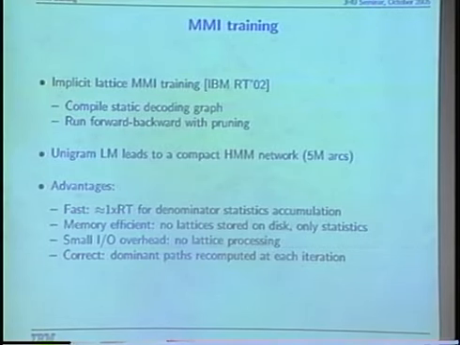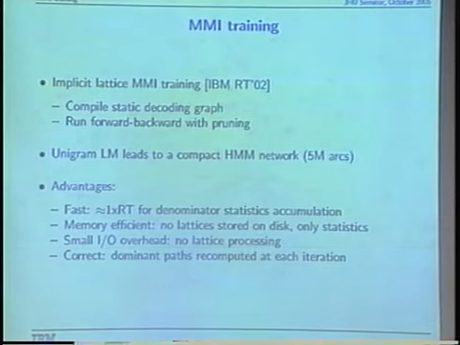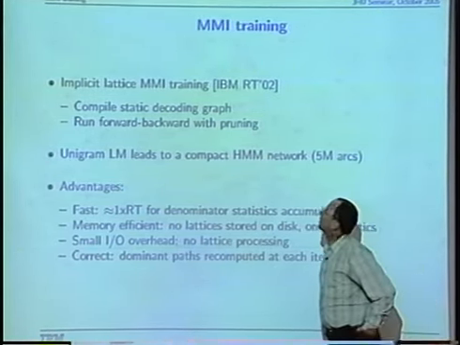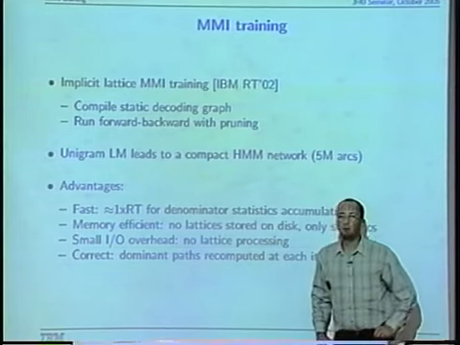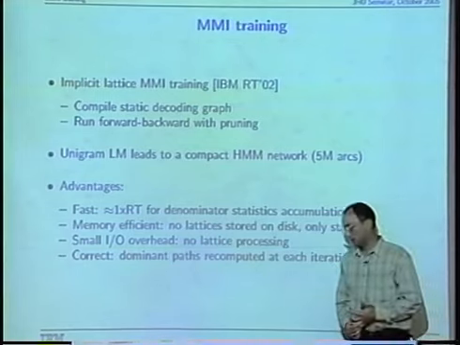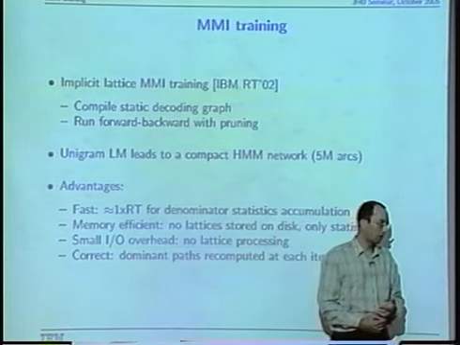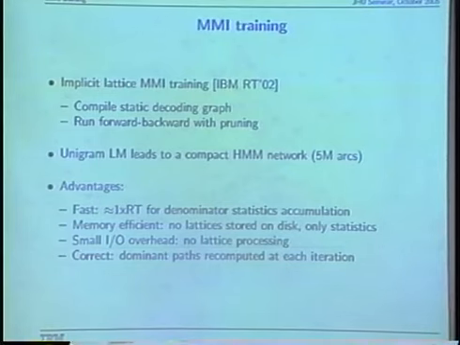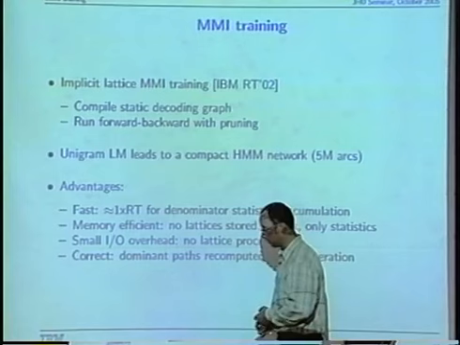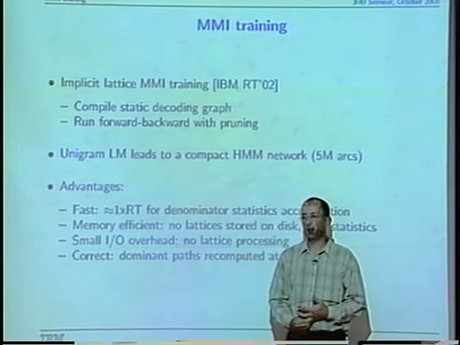And now about MMI training. So at IBM we use something called implicit lattice maximum mutual information training. So it's implicit in the sense that we never write out those lattices to disk. So the way it works is we compile a static decoding graph like we would do for normal decoding, except that we use a much weaker language model, such as a unigram, and we don't put the word labels in the graph.